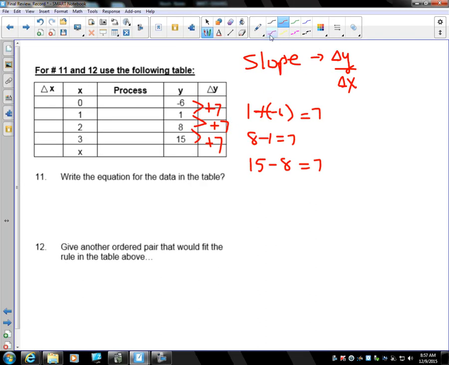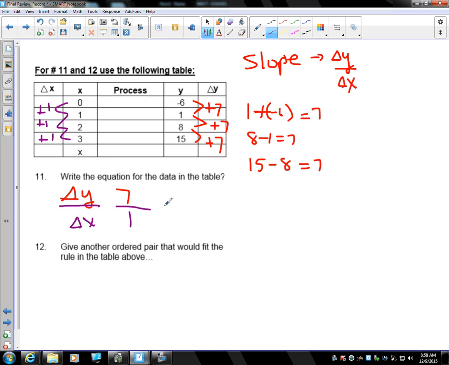Now let's find our delta x's. From 0 to 1 is plus 1. From 1 to 2 is plus 1. From 2 to 3 is plus 1. Okay, so my delta y is 7. And I need to divide that by my delta x, which is 1.